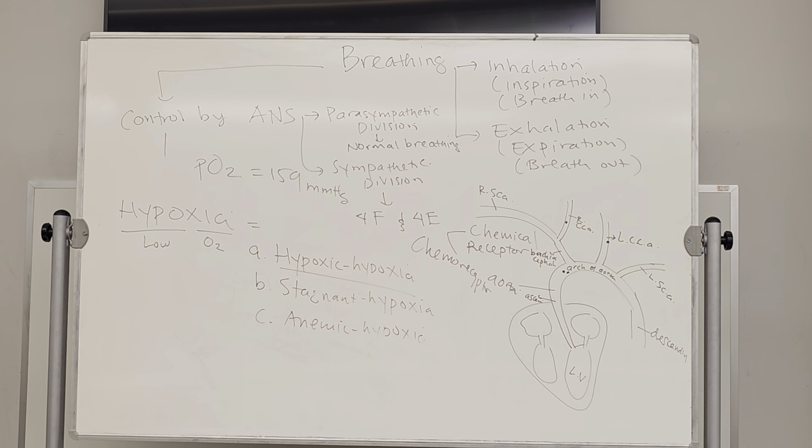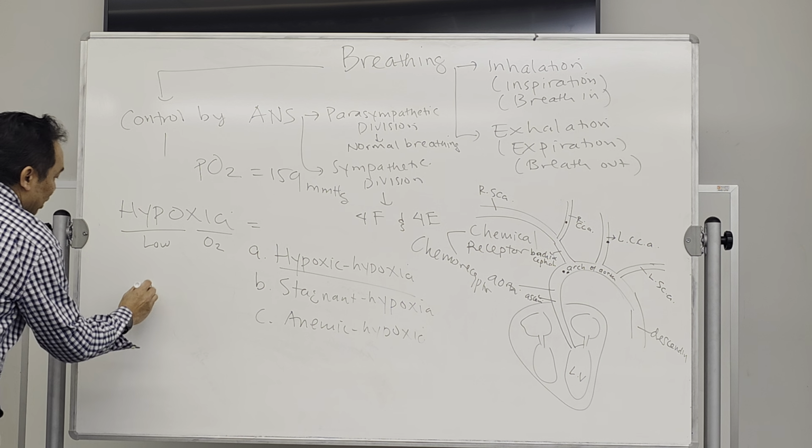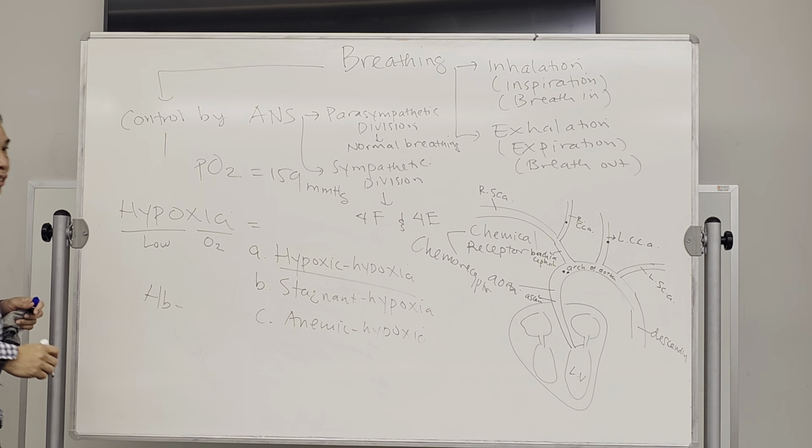The anemic hypoxia. This means that we have maybe very low hemoglobin, for example. So our hemoglobin is very low. Hemoglobin is the protein that carries oxygen in the blood, in the red blood cell.